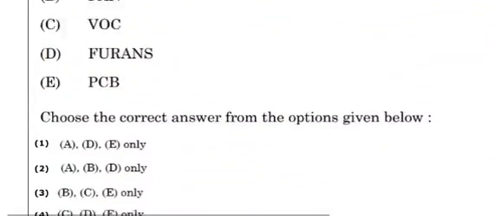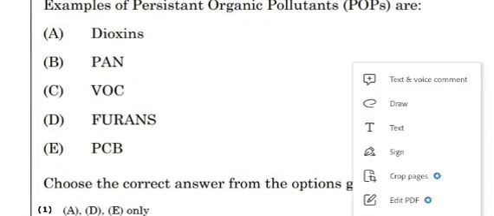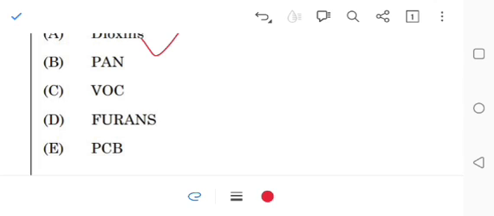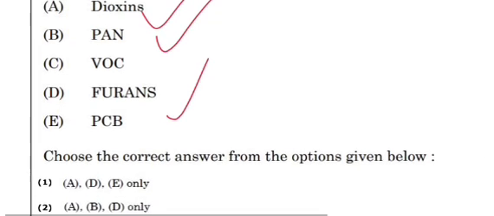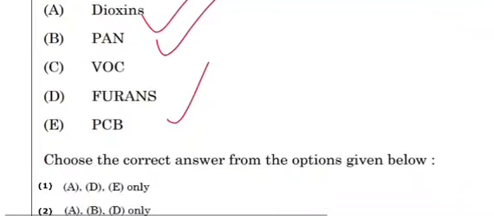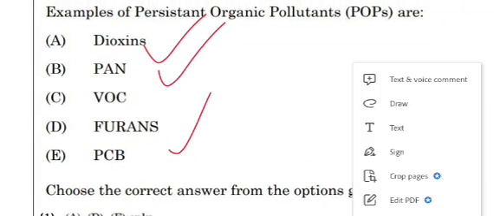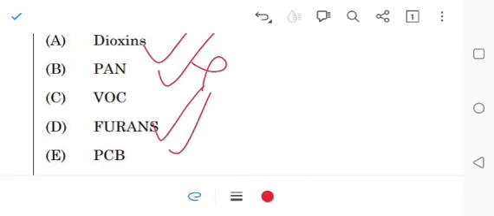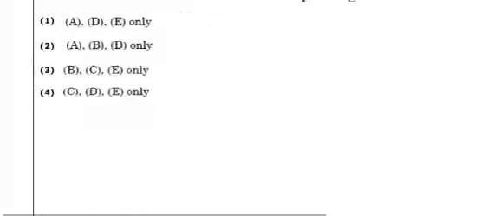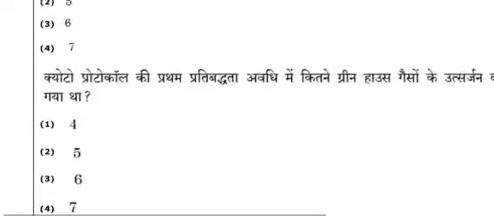So the correct option for 37 will be A, then D, then E. A was dioxins, then PAN, then E or what? Let me go again. 37, A, D and E. A, D, not B, sorry, not B. It was D, furans.